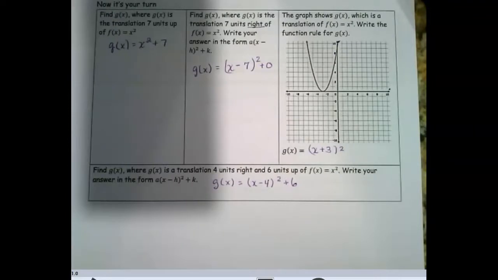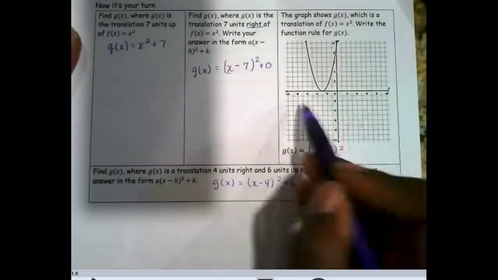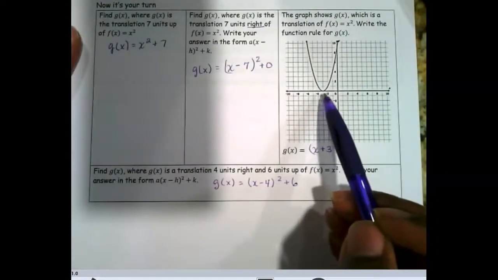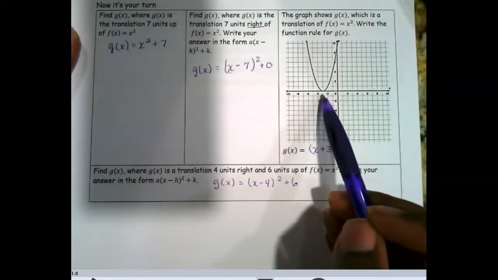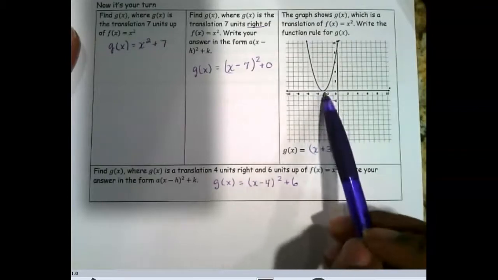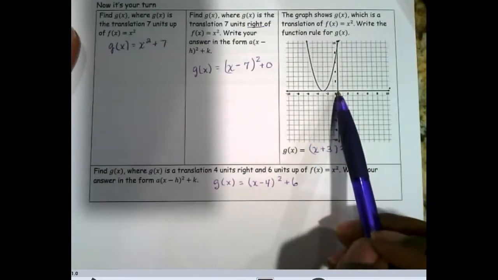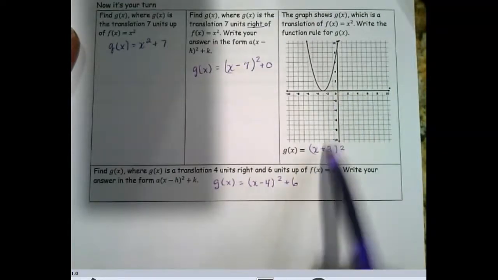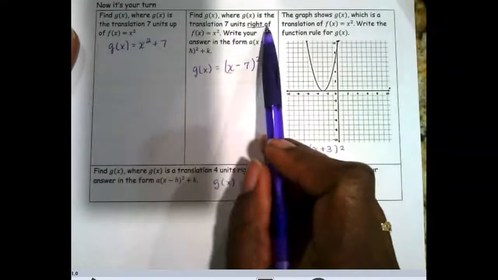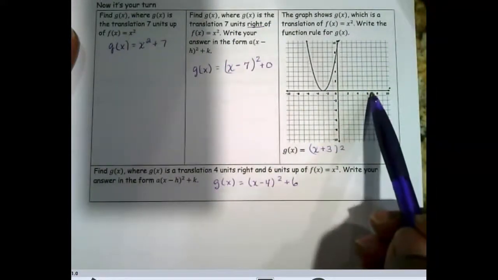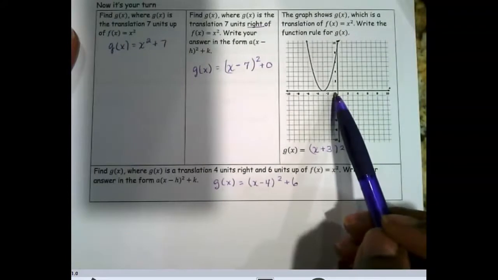When you are writing the x movement, meaning the left or right movement on the x-axis, think about, what does this function have to do to get back to 0? So if I'm on the left side at -3, I would have to add 3 to get back to 0. That's how you can think of this as well. Here it said 7 units right. So what would I have to do if I'm at 7? I would have to subtract 7 to get back to 0.